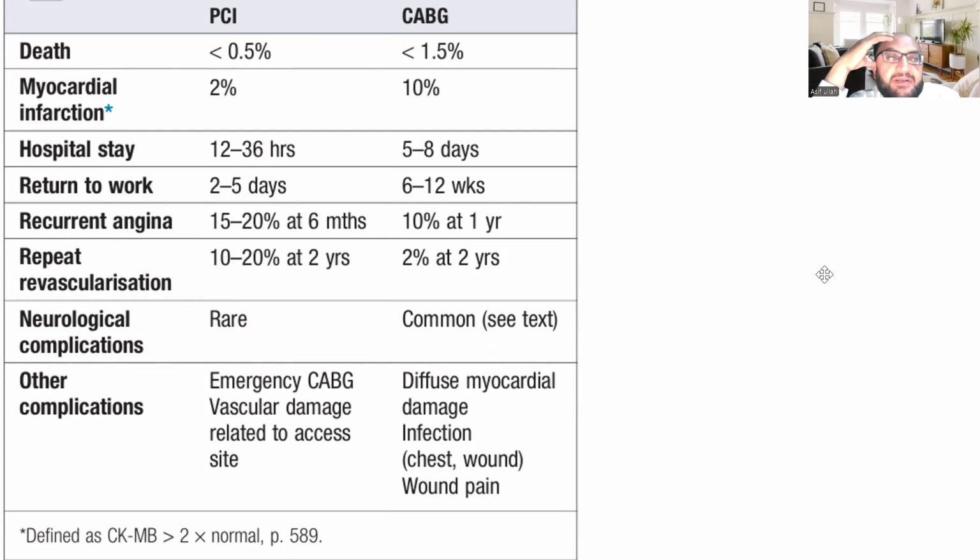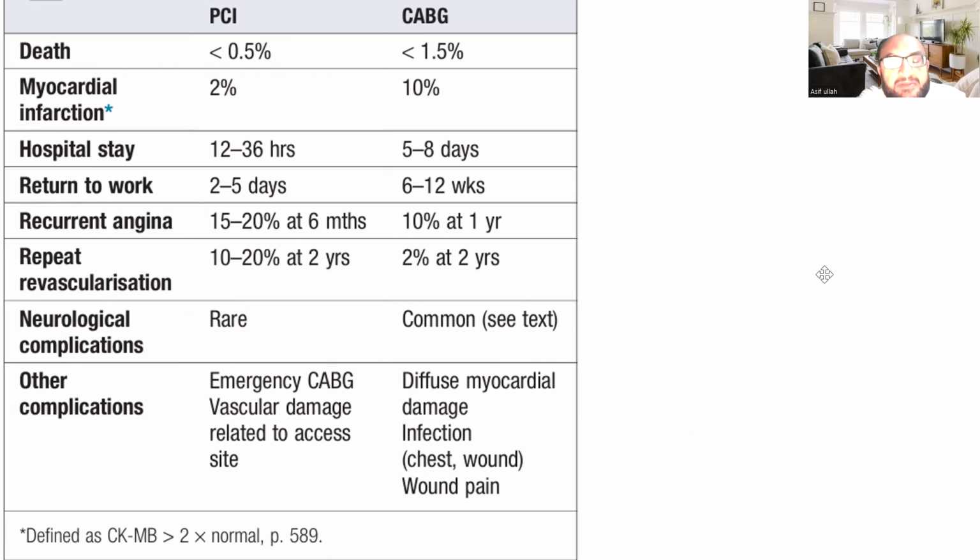Patients return to work in 2 to 5 days in PCI cases and 12 weeks in CABG. Recurrent angina 15 to 20% at 6 months in PCI, while 10% at 1 year in CABG. Repeat revascularization 20% at 2 years in stenting and PCI versus 2% at 2 years.